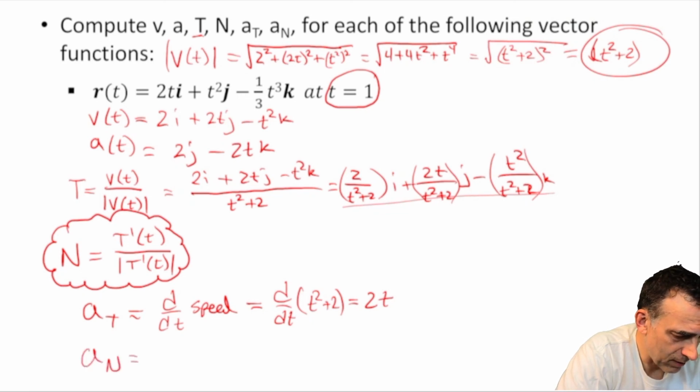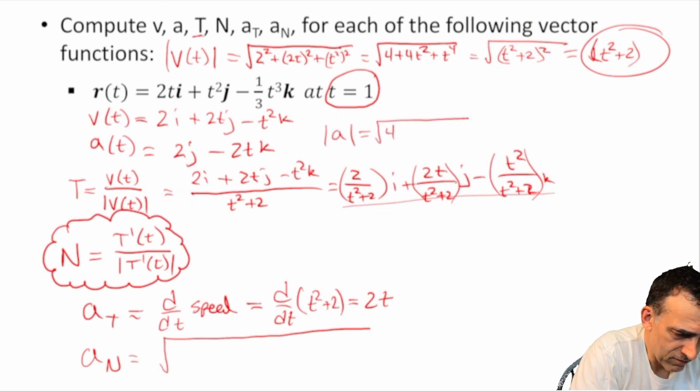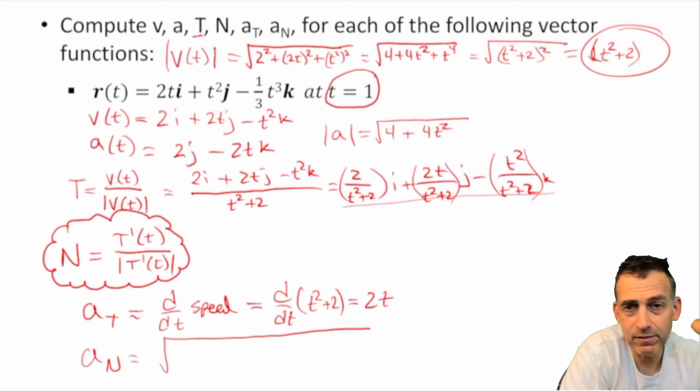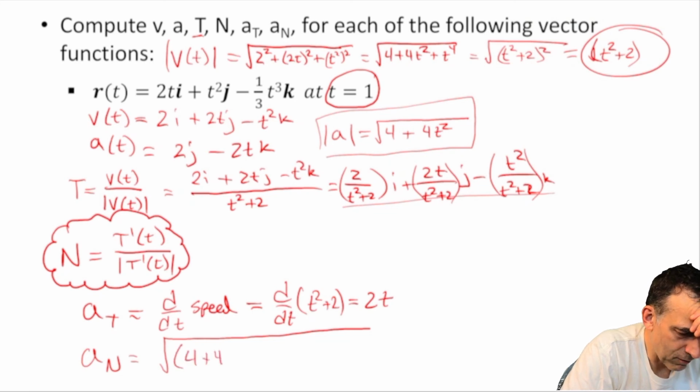The normal component of acceleration is going to be the square root of the magnitude of a squared minus a sub t squared. So the magnitude of a is the square root of 4 plus 4t squared. If you'll forgive me for not writing down all the details, it's pretty straightforward. I'm going to square that though. So that's just going to be 4 plus 4t squared.